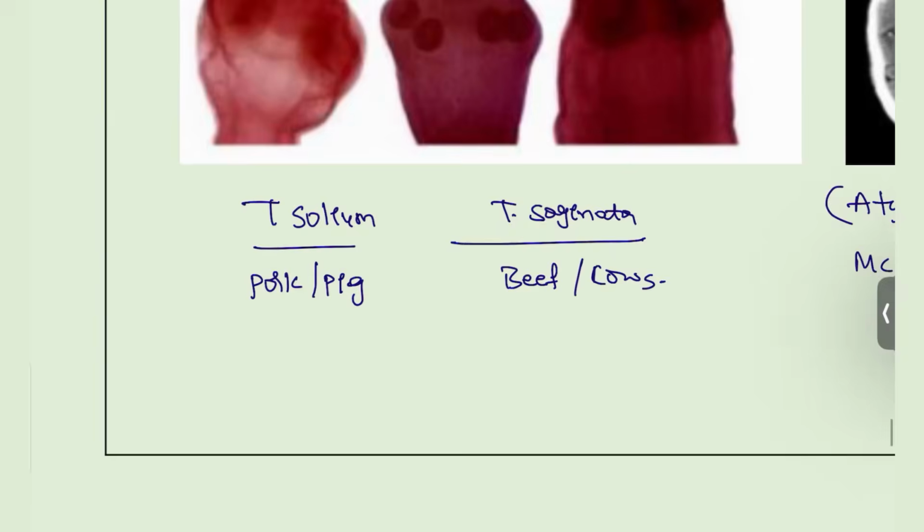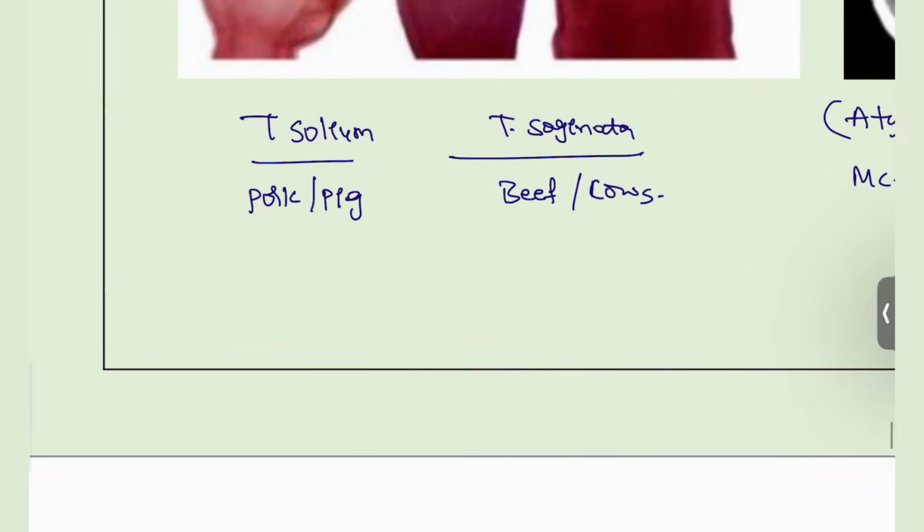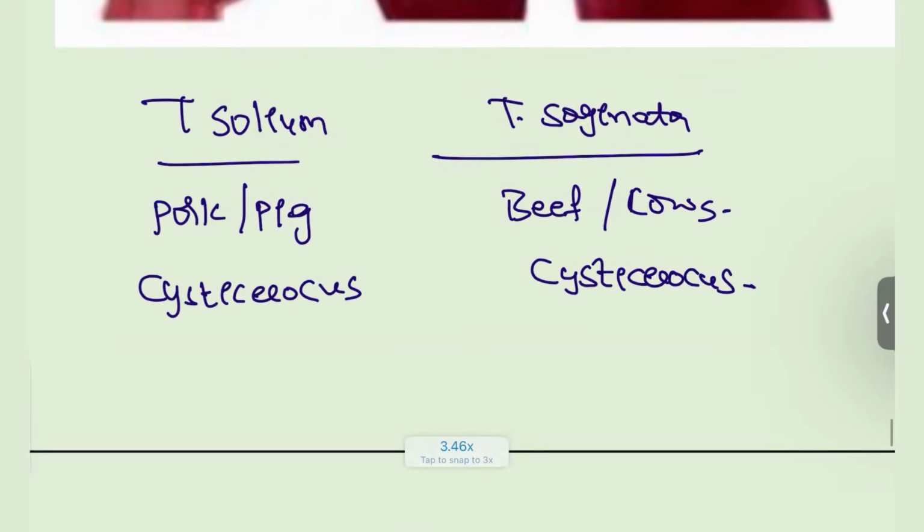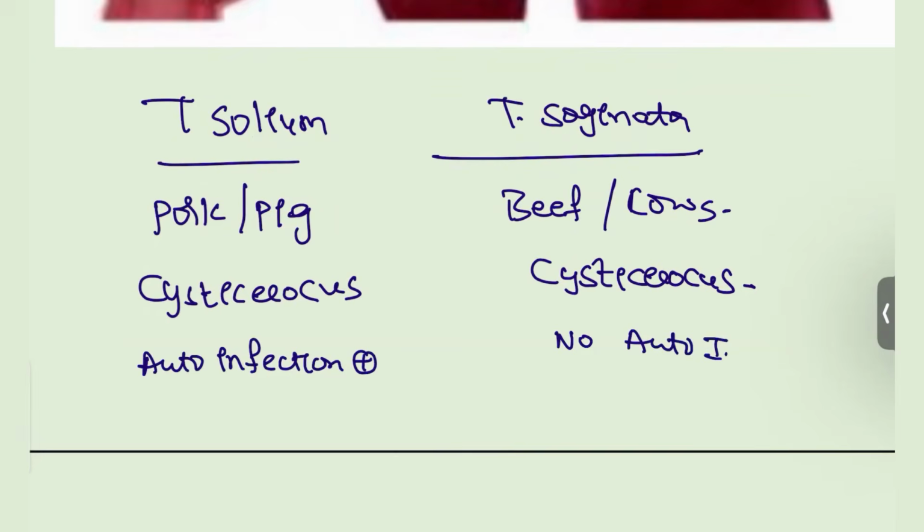Next, what is the infective form? For both, the infective form is cysticercosis only. Next, how do they cause autoinfection? Autoinfection, by ingestion of those eggs, is present with solium, but no autoinfection is present with saginata.